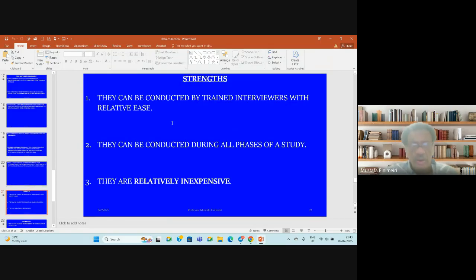The strengths of the key informant interview are that they can be conducted by trained interviewers with relative ease, and they can be conducted during all phases of the study in combination with other data collection methods such as a questionnaire or standard checklist. They are relatively inexpensive and cheap to conduct.